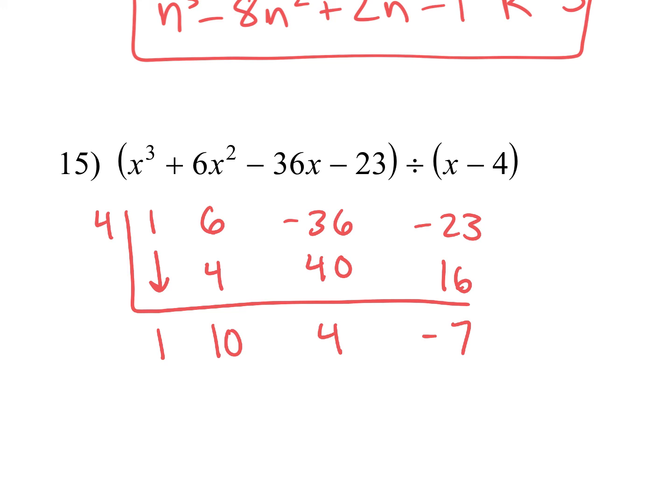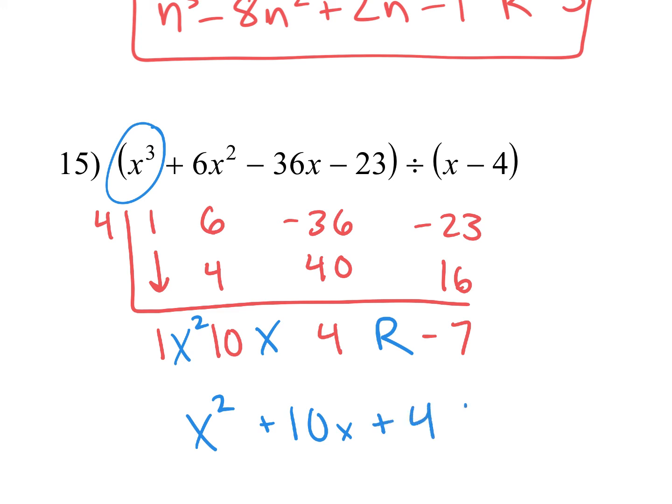-7. So if my question started with x to the 3rd power, what does my answer start with? X squared, then x, then nothing, and the last number is the remainder. So my answer would be x squared plus 10x plus 4, remainder negative 7.